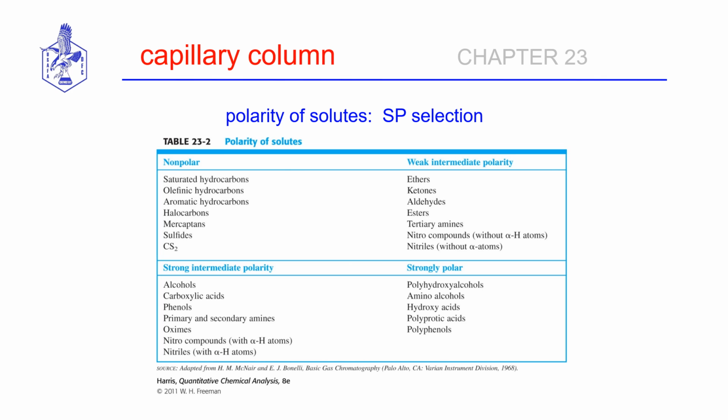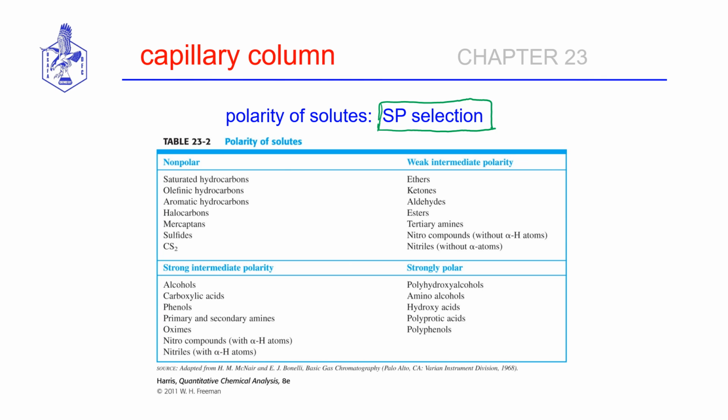So moving on, an additional parameter that has to be selected for your capillary column is the chemical nature of the stationary phase material that you're going to have present on that inner surface of the capillary column. So how we choose the correct stationary phase has to do with the polarity of the analyte species we're trying to separate.